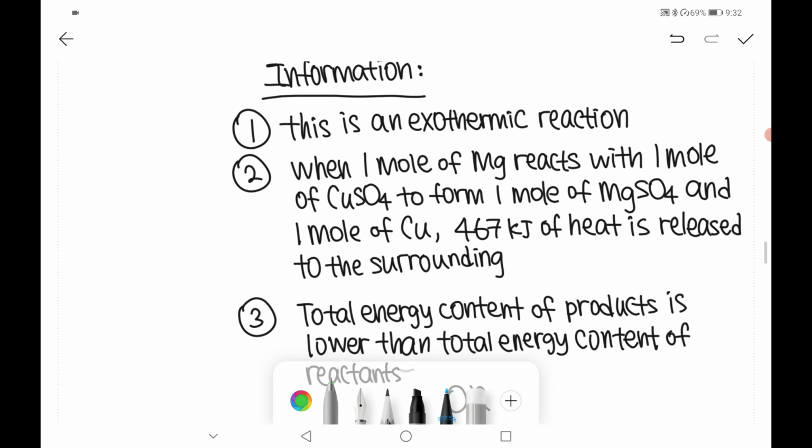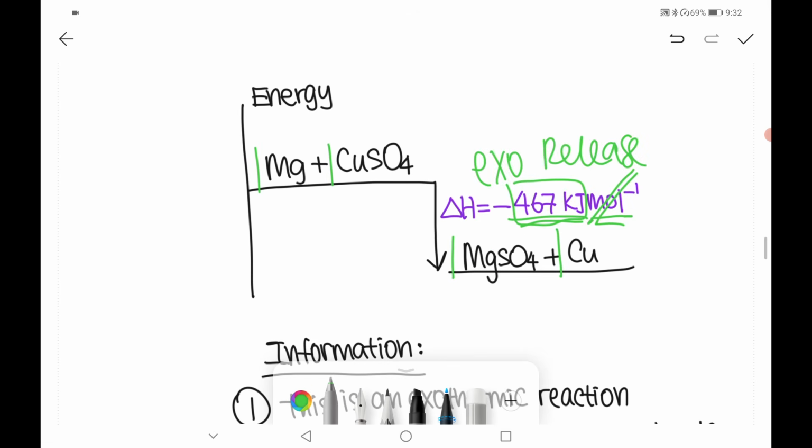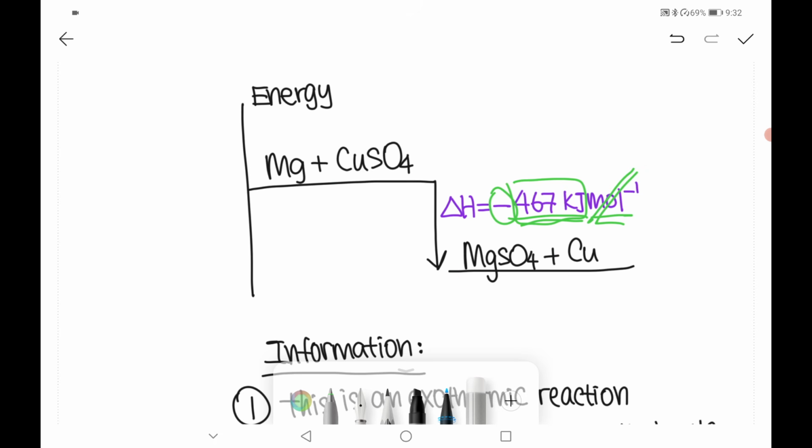So you see, 467 kilojoule of heat is released. Why do we know the heat is released? Because when we see negative, negative means exo, so exo will release the energy. Release 467 kilojoule.